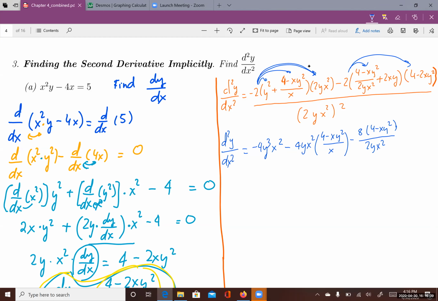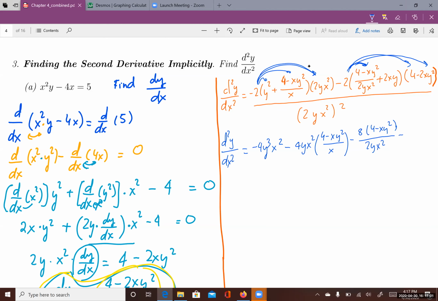And then I can multiply to here, and then I multiply to here to get also negative 8. So I multiply to these terms first.